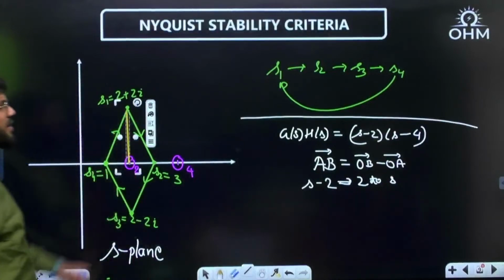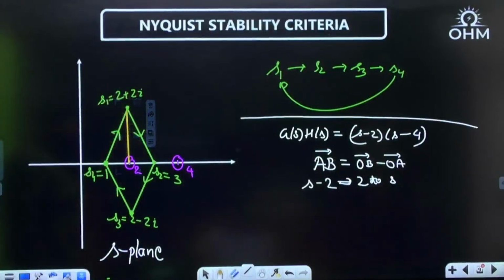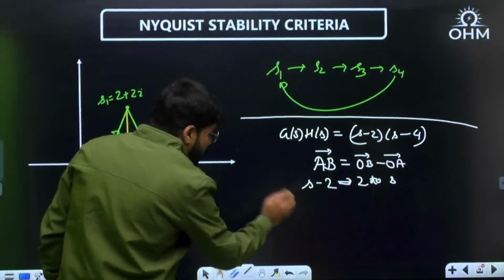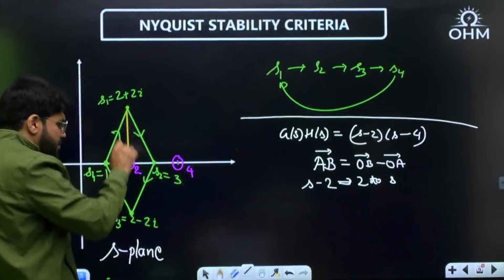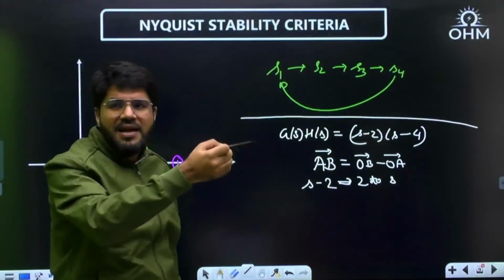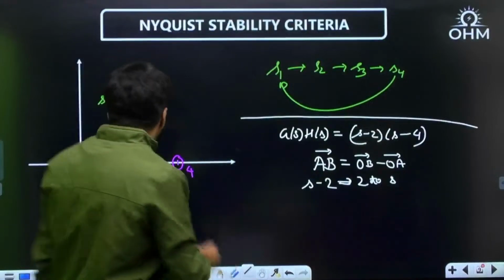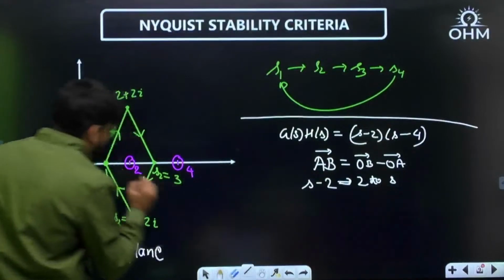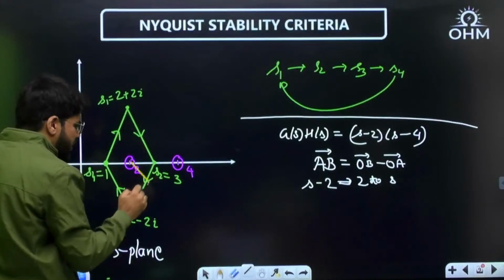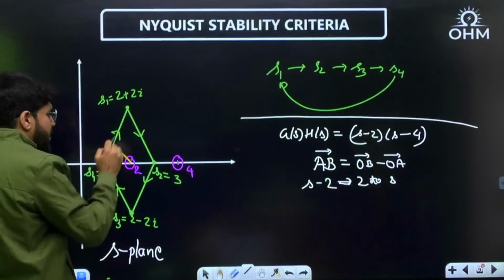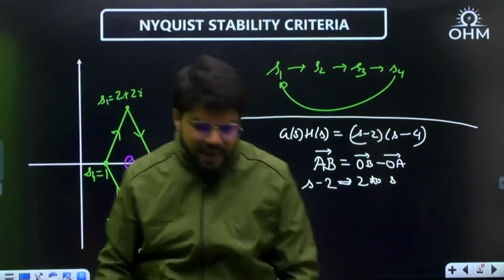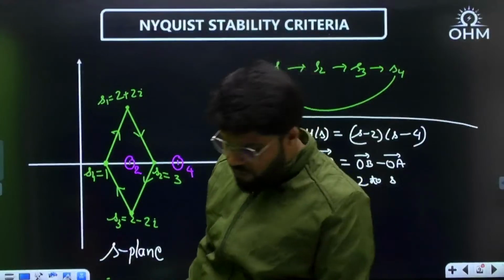So when the values of S are taken along this closed path, and when you talk about the angle of S minus 2, this vector S minus 2 has done one complete rotation. One complete rotation is 360 degrees. One more thing: in what direction is it rotating? It is the clockwise direction, and we know that clockwise angles are negative, anti-clockwise angles are by default positive.